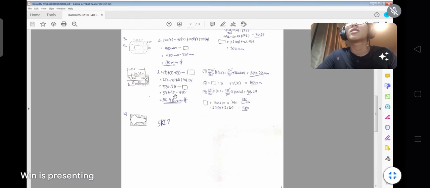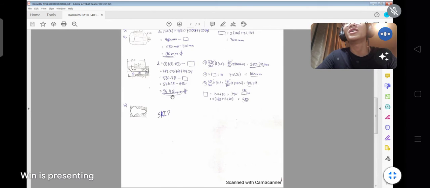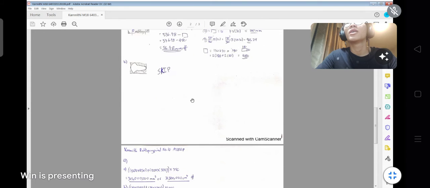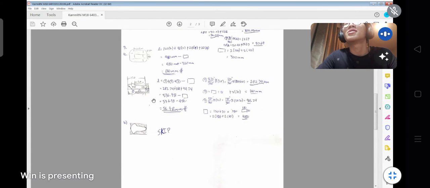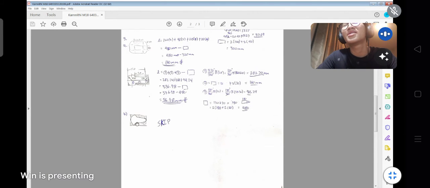So I plus together the area that is not shaded, and then I minus that area with the big rectangle. So I get 56.98 millimeters. This one I skip because it looks very complicated and I don't know the exact angle of this, because this one I just guess, but this is even harder.